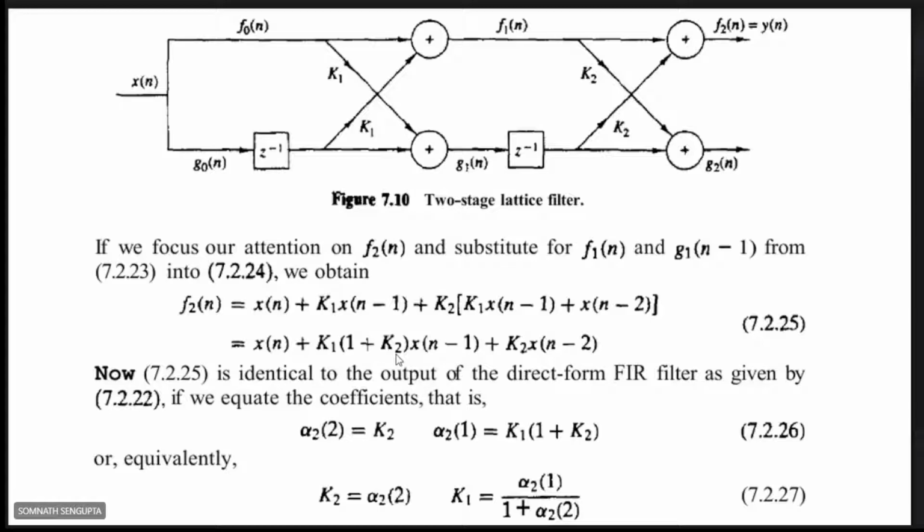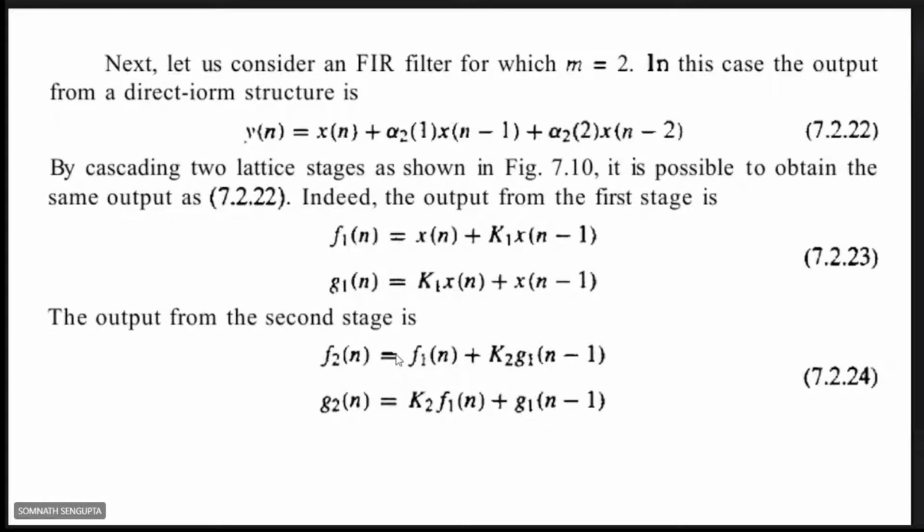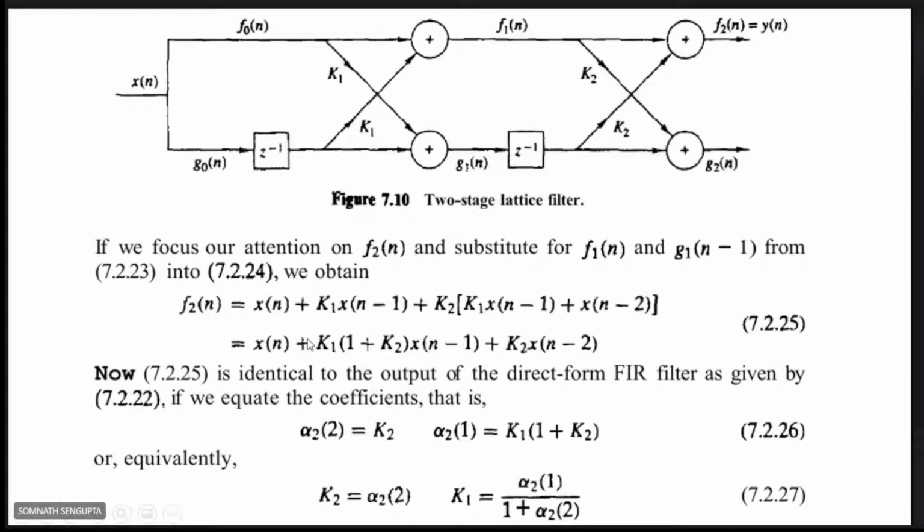We have considered these equations for output yn: xn plus alpha 1 xn minus 1 plus alpha 2 xn minus 2. Now we compare this with this expression xn plus k1 into 1 plus k2 xn minus 1 plus k2 into xn minus 2.